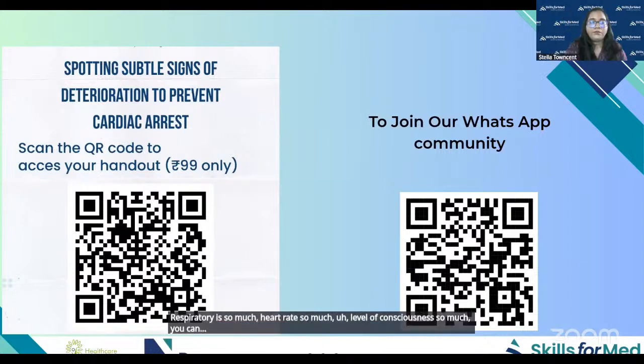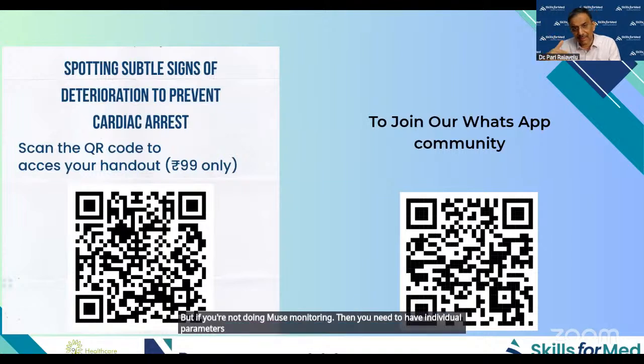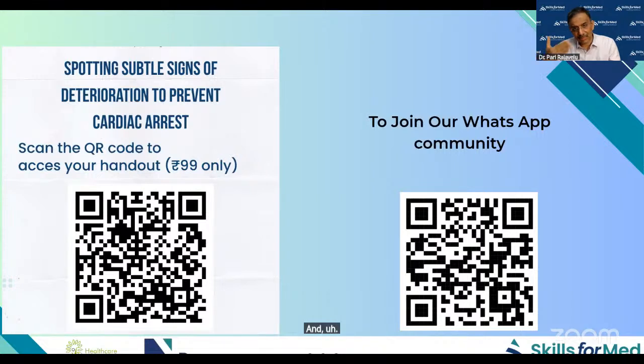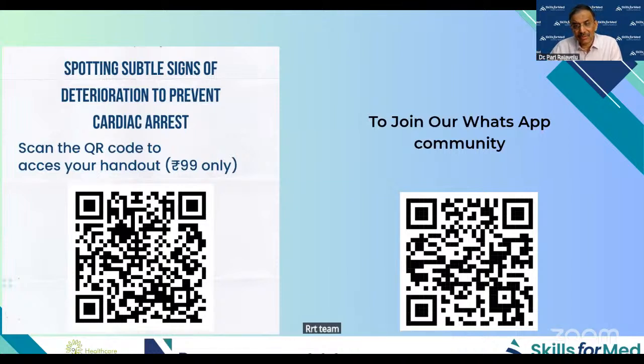But if you're not doing MEWS monitoring, then you need individual parameters for the vital parameters and level of consciousness, same as I put for the causes for code blue. Staff concerns, as Stella pointed out: if the staff is worried about a patient, they can call the RRT. So you can sit with your consultants and put criteria for activation of the rapid response team.